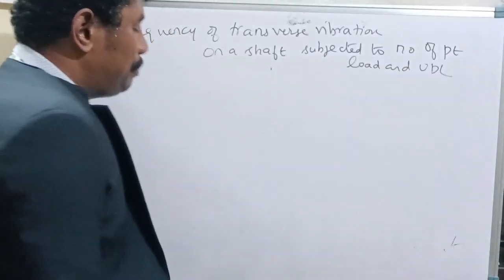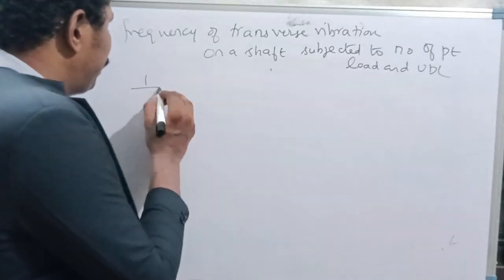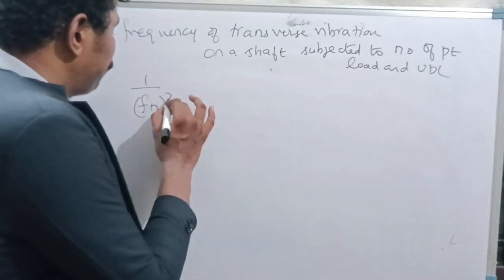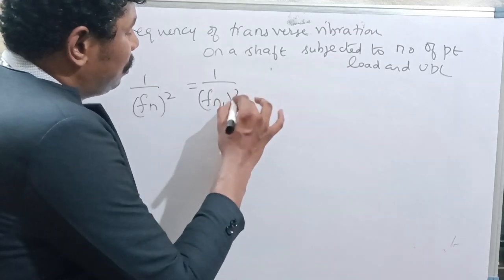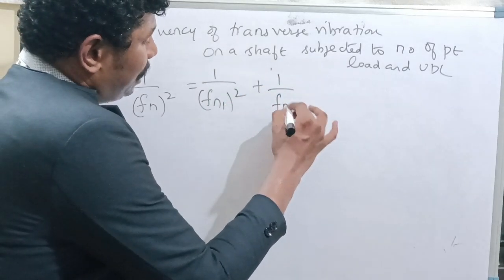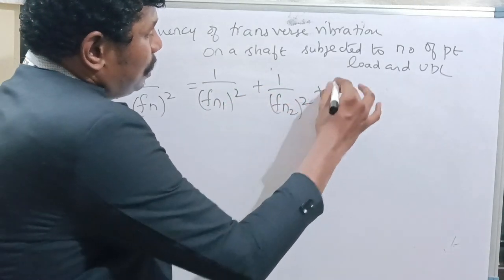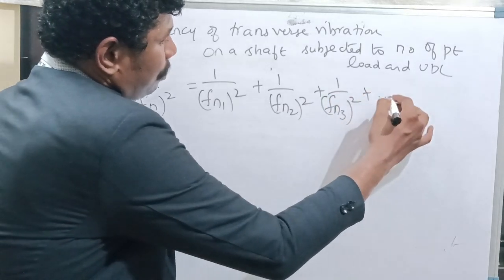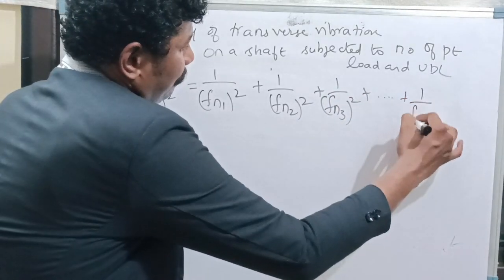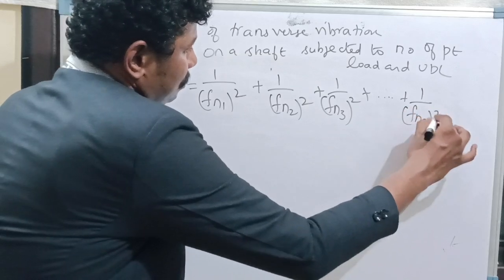So I am going to derive the formula for calculating the frequency for this condition. So the formula will be 1 by Fn square equals 1 by Fn1 square plus 1 by Fn2 square plus 1 by Fn3 square, and so on to 1 by Fns square.